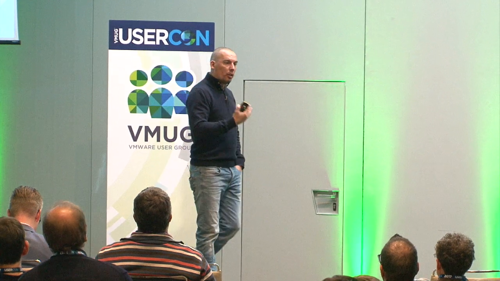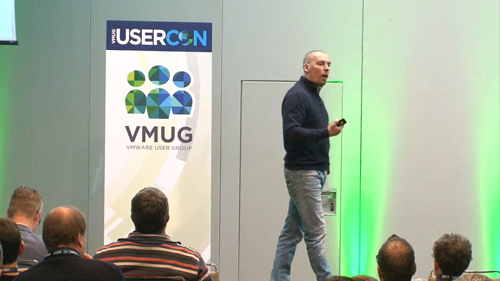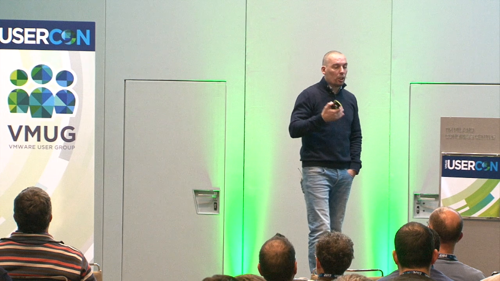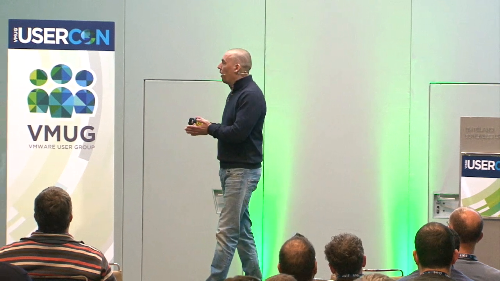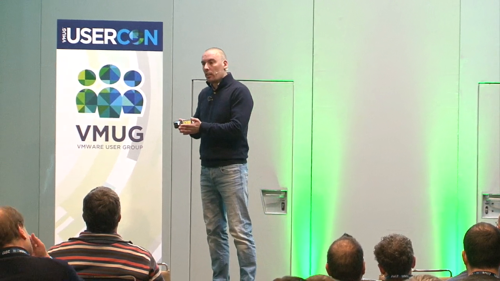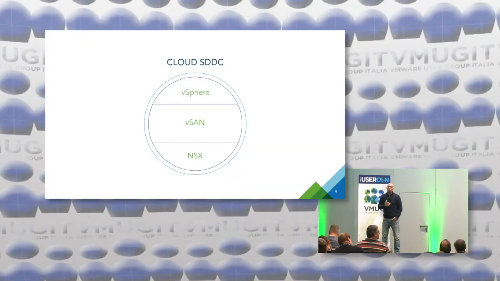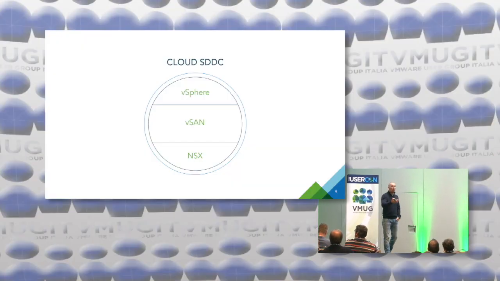This is one of the cool things, because you know how to deploy a VM inside your vSphere environment. So you can deploy a VM in that cloud SDDC the same way. But now you're storing it on vSAN and you're using NSX for your networking. Now NSX might not be a low learning curve technology, but we will come to that a little bit later in the presentation.